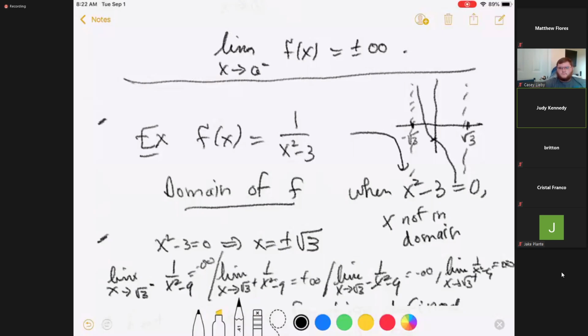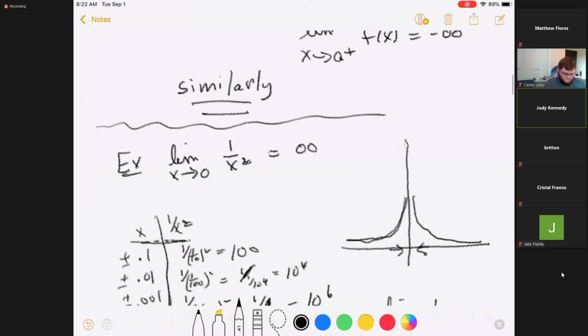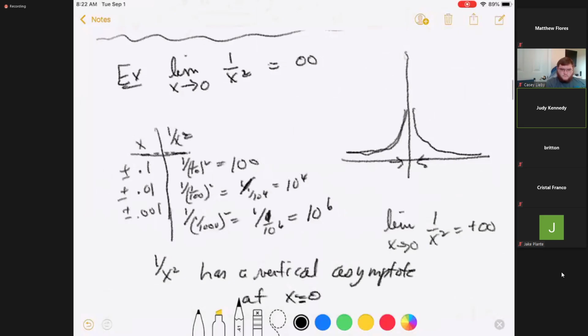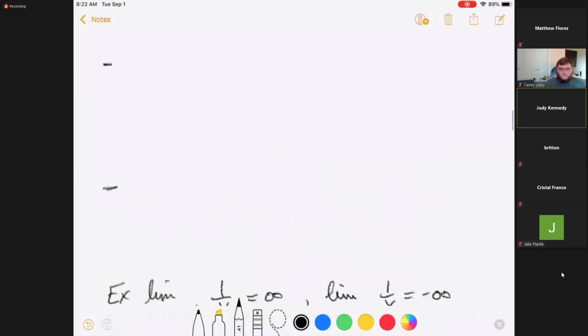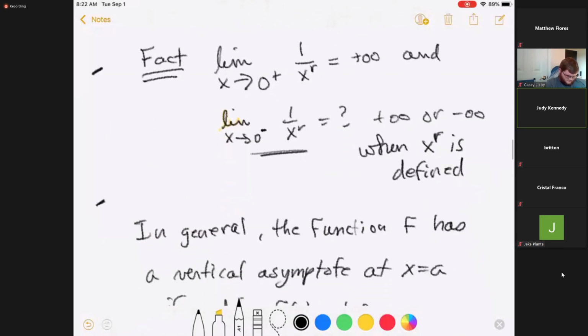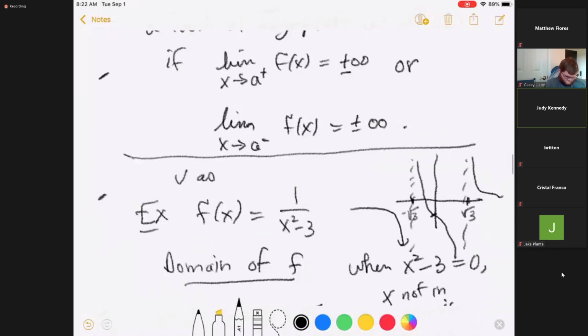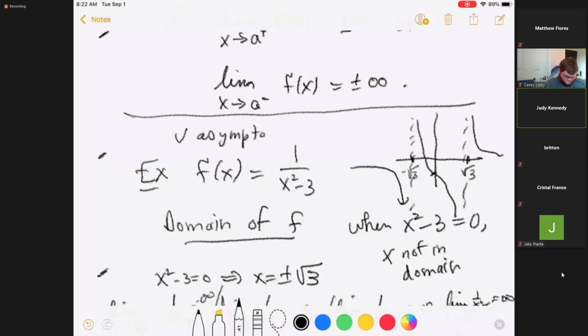I think the graph is going to look something like that. So this one's actually got two vertical asymptotes, at x equal to both plus and minus the square root of 3.